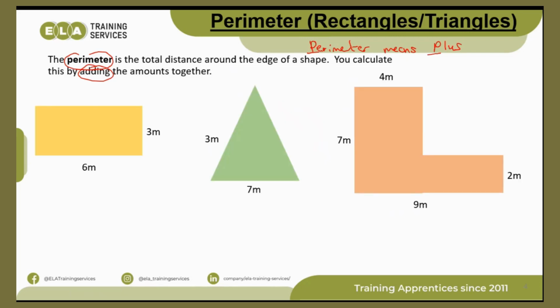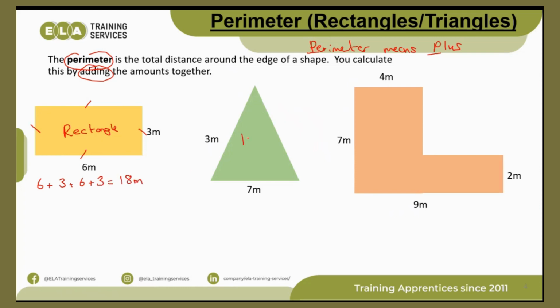So we've got three shapes on the board. Our first one is a rectangle, and we know about rectangles that they've got two pairs of equal sides. So here and here are the same, and here are the same. So our perimeter is going to be 6, add 3, add another 6, add another 3, which is then 18 metres.